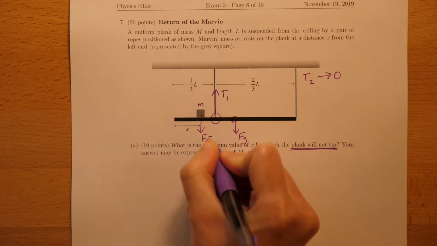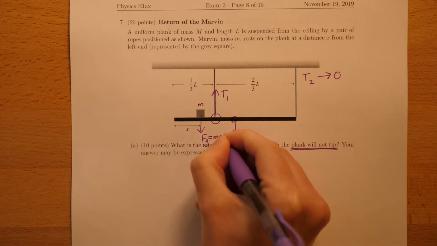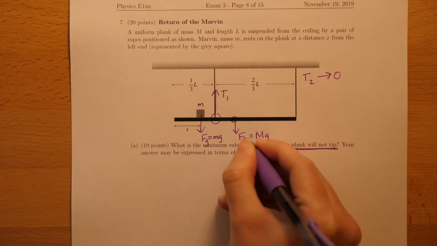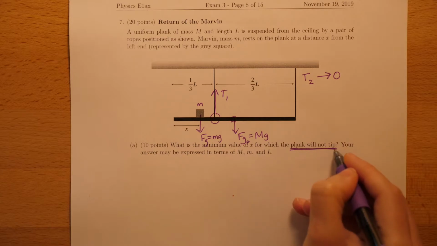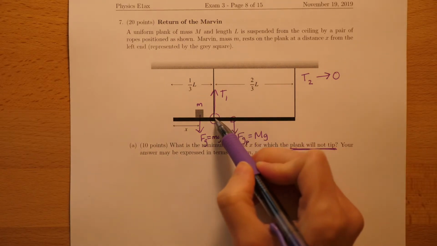F_G Marvin is Marvin's mass, little m, times g, and this is big M, so this is F_G plank. Okay, so this threshold is met when T2 goes to 0. So this is the physical pivot.